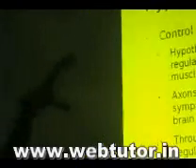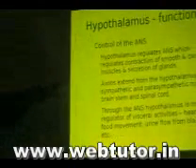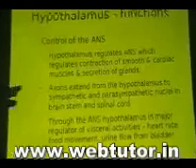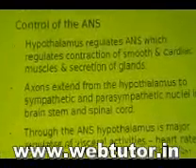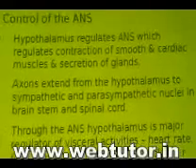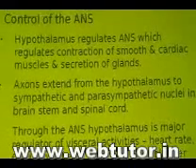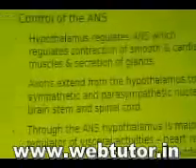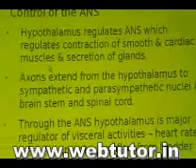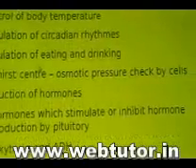But remember, your autonomic nervous system in turn is controlled by your hypothalamus. So the hypothalamus regulates the ANS, which regulates contraction of smooth and cardiac muscles and secretion of glands. Many of your endocrine gland secretions are indirectly dependent upon the hypothalamus. Axons extend from the hypothalamus to sympathetic and parasympathetic nuclei in the brainstem and spinal cord.